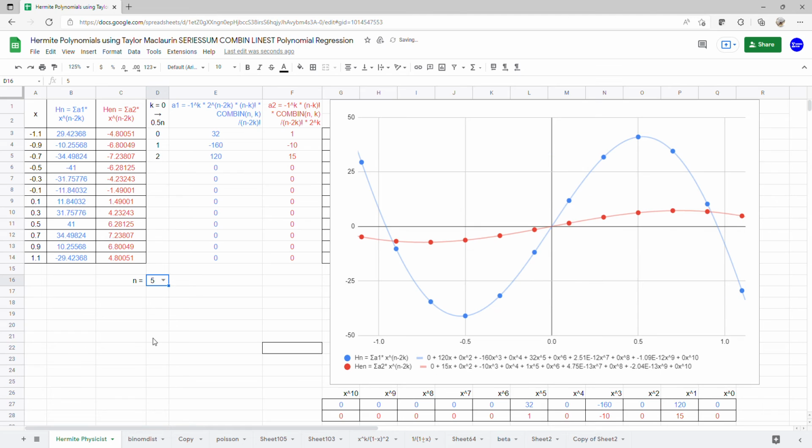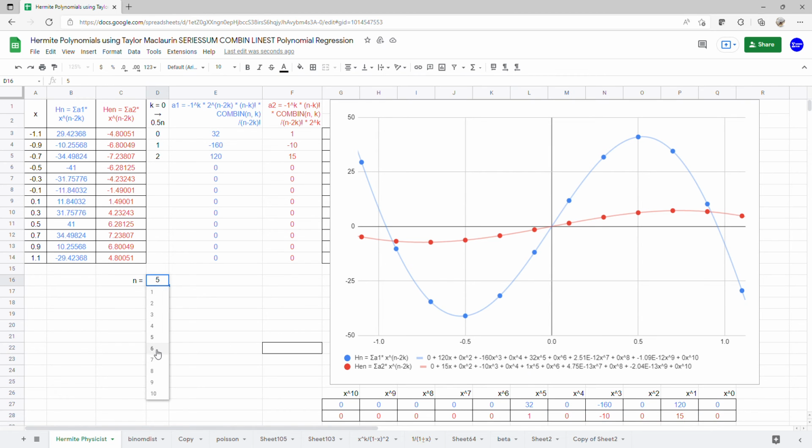N equals 5. That's 32x to the 5th minus 160x cubed plus 120x. For the probabilist Hermite polynomial, it will be x to the 5th minus 10x cubed plus 15x.